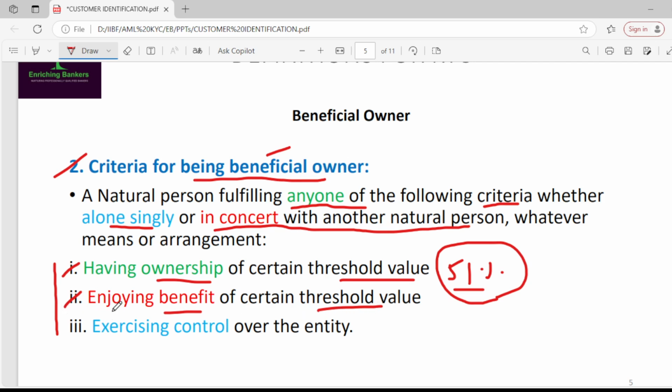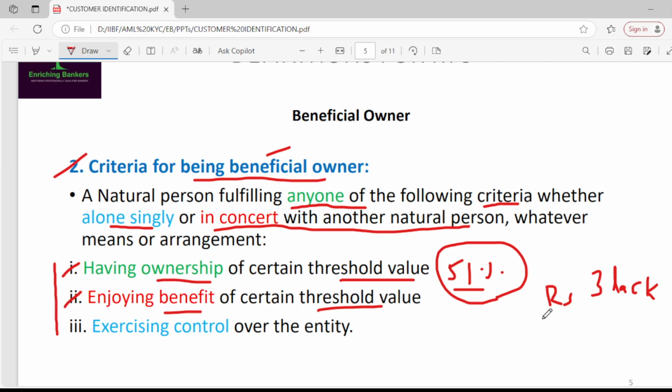So a natural person who enjoys benefit of certain threshold value can be treated as beneficial owner. For example, if the annual income is less than or equal to 3 lakh, then no need to pay the income tax.